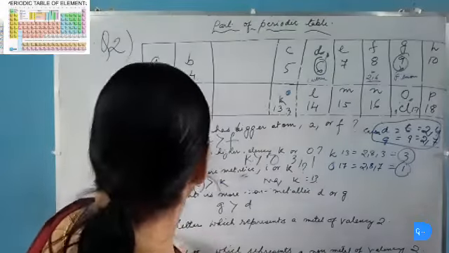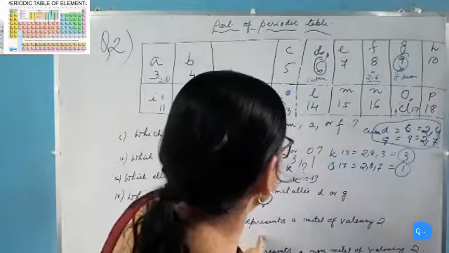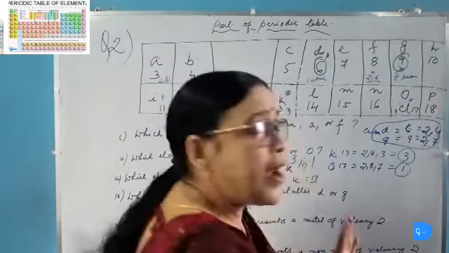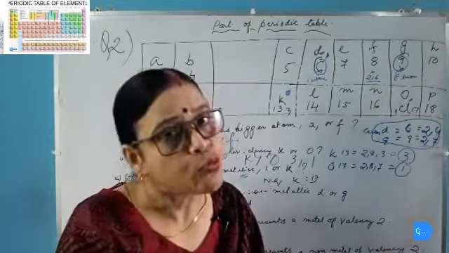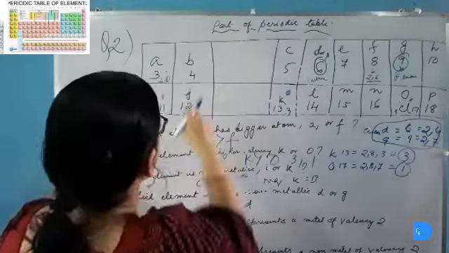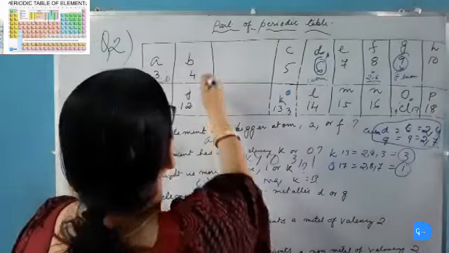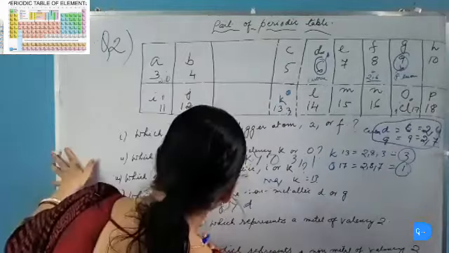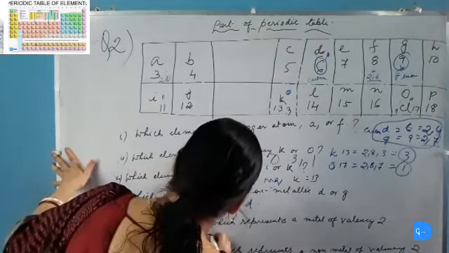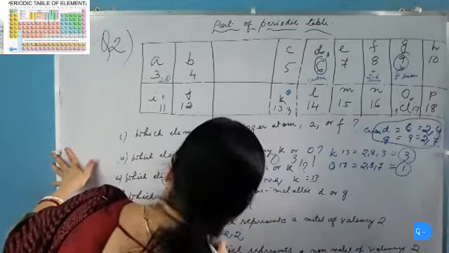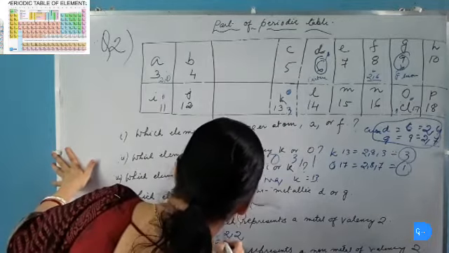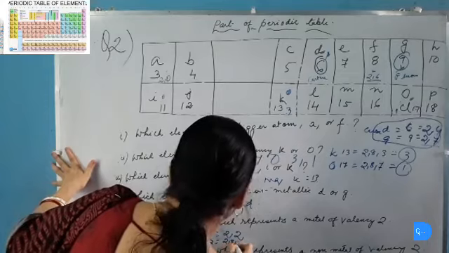Next question. Select a letter which represents a metal of valency 2. For a metal to have valency 2, it must belong to group 2 of the periodic table. The two elements here in group 2 are B and J. The atomic number of B is 4, so its electronic configuration will be 2 and 2, and the atomic number of J is 12, so its electronic configuration will be 2, 8, 2.